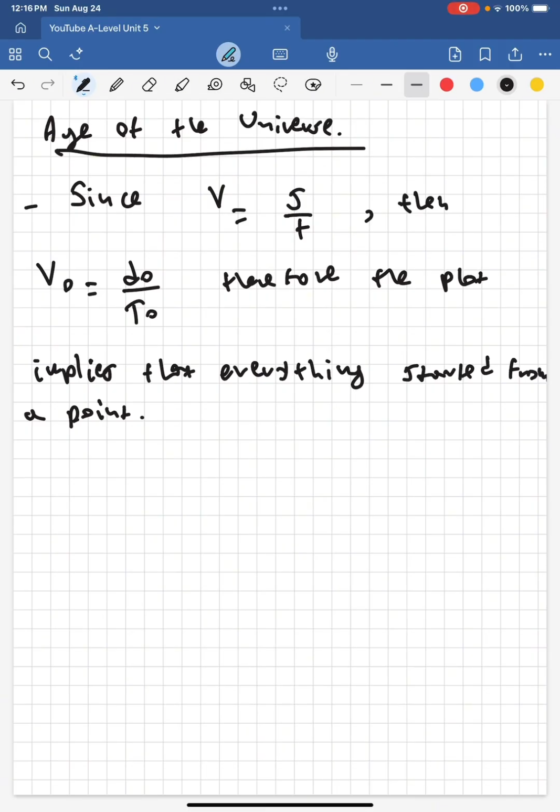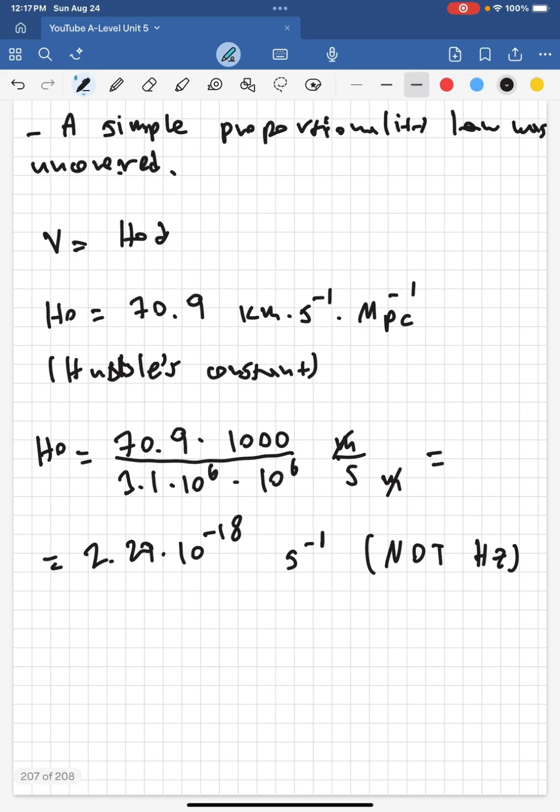Okay, because the light is strained pretty much. Now v naught over d naught is equal to 1 over t naught. What I call v naught, d naught and t naught here are just constants. So 1 over t naught is the inverse life of the universe, right?